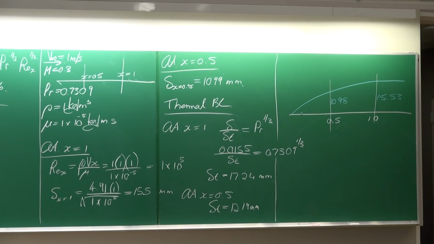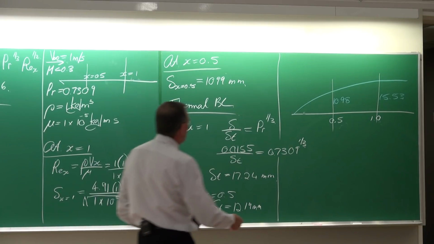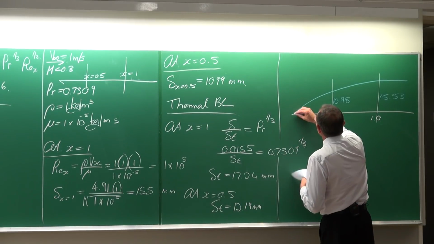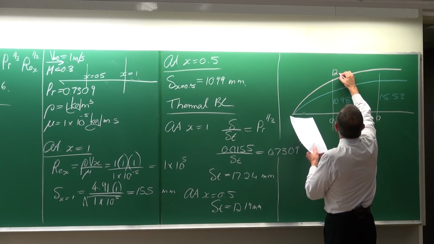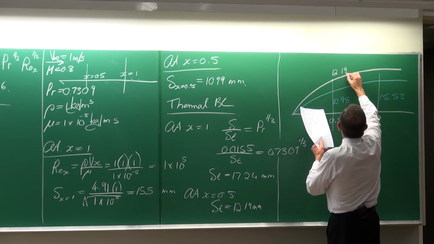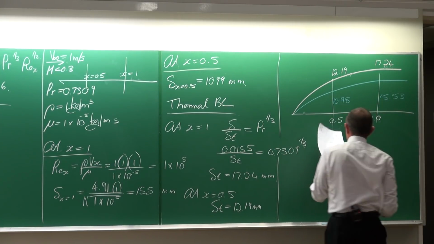The Prandtl number is 0.7, so heat diffuses quickly, so the thermal boundary layer is thicker. So if we plot the thermal boundary layer, it's something like that, and that thickness will be 12.19 millimeters, and that would be 17.24 millimeters.